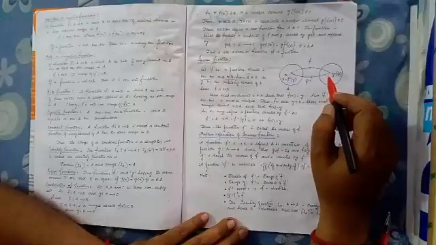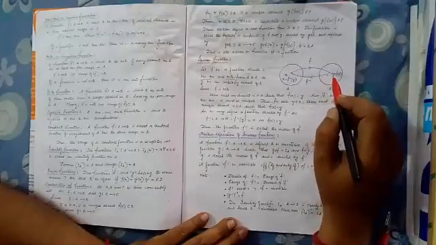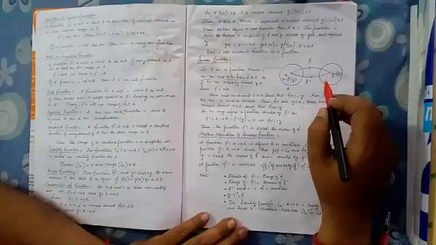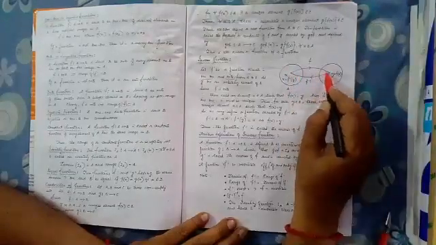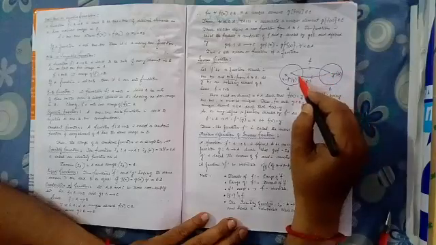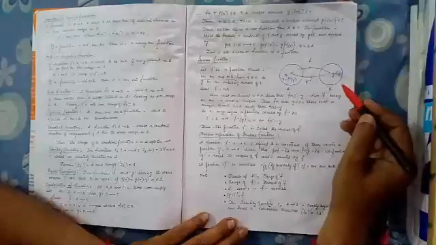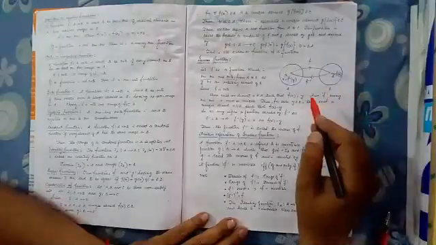So we may define a function denoted by F inverse, because if this is X, then this is F inverse. Clear?